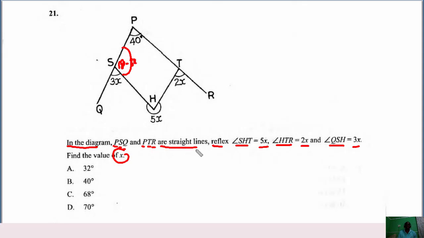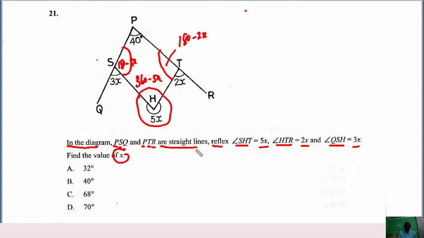This is also a straight line, so we can write it 180 minus 2x. And this whole circle is 360, so this will be 360 minus 5x. Then we start.